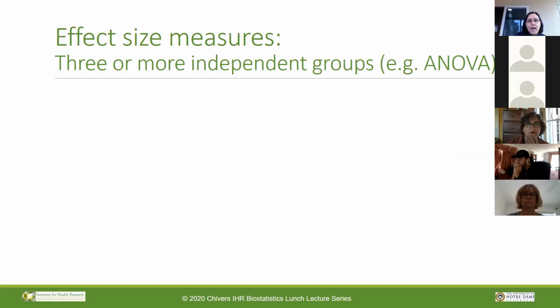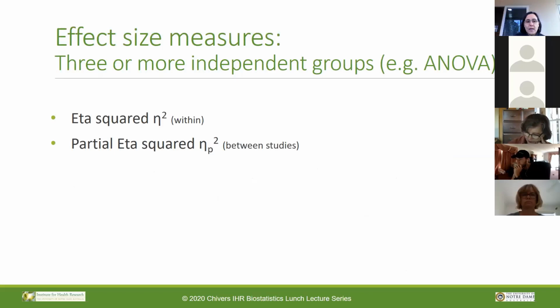Let's now look at when we have, so up until now we've really talked about two groups in comparisons. Let's now look at when we have three or more groups, we can use eta squared and partial eta squared. Now these outcomes, certainly in SPSS, can be requested in your output, so you can get these directly reported.